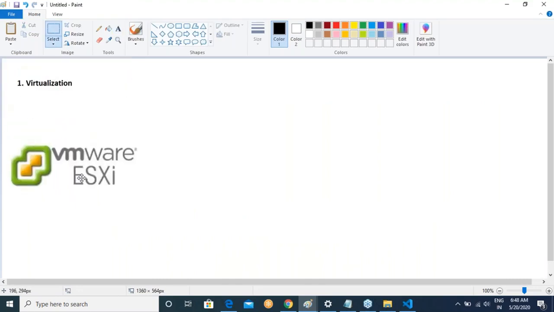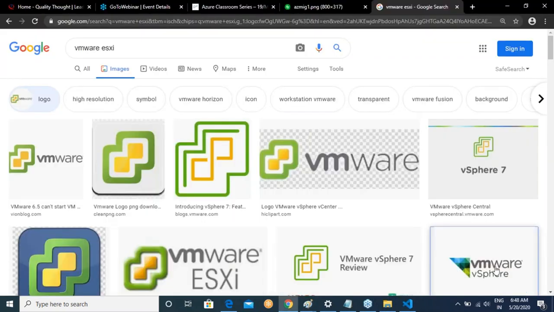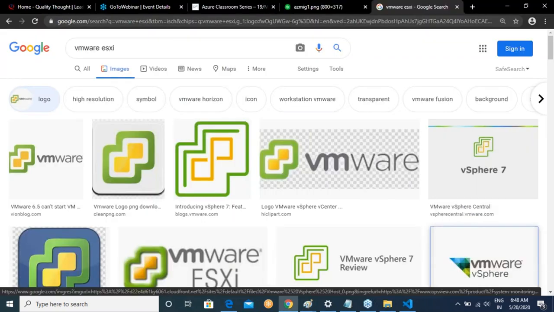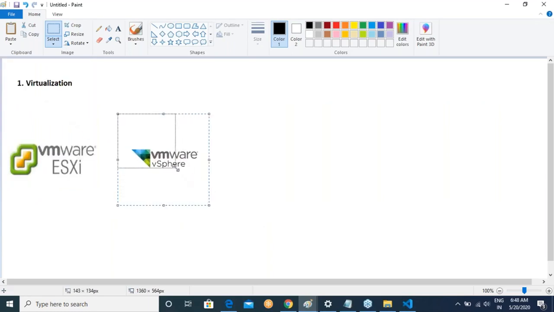One set of tools will be from VMware. So VMware ESXi and vSphere. Okay. Right.